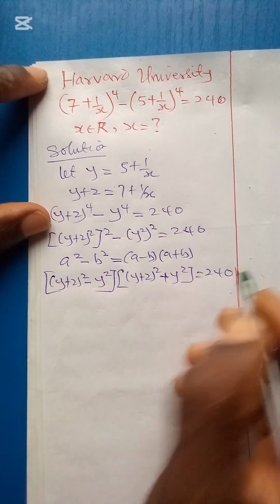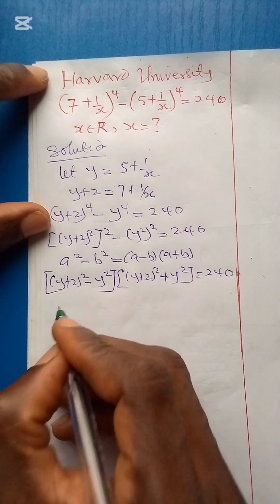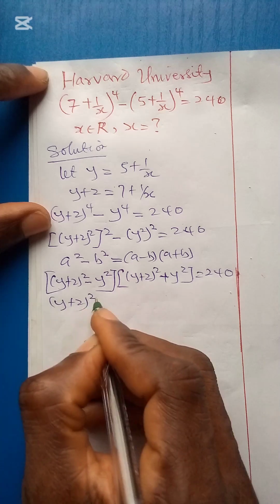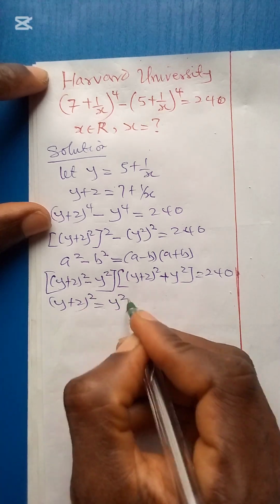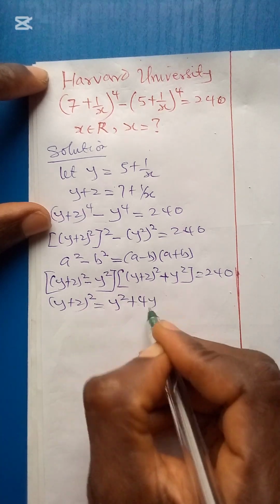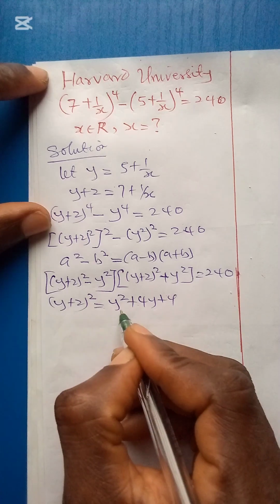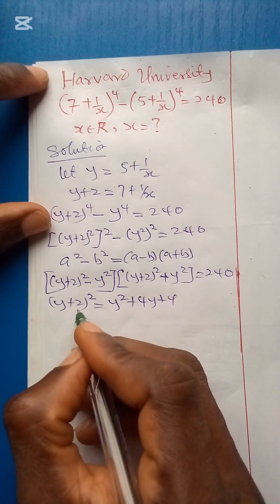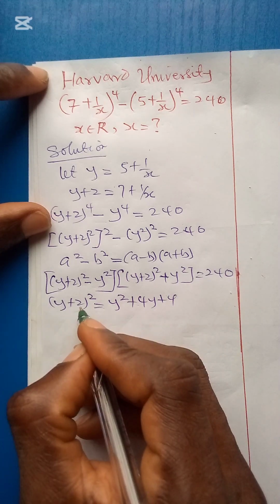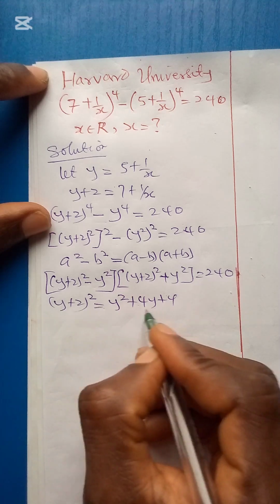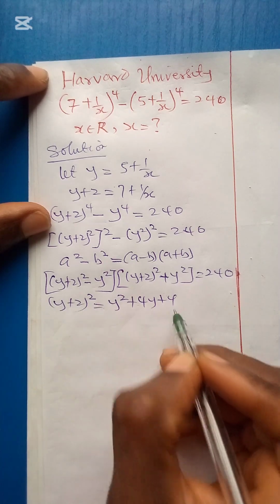Now, let us expand (y + 2)^2. It will give us y squared plus 4y plus 4, because y times y is y squared and y times 2 is 2y, 2 times y, another 2y. When we add them together, we'll have 4y. Then 2 times 2 is 4.